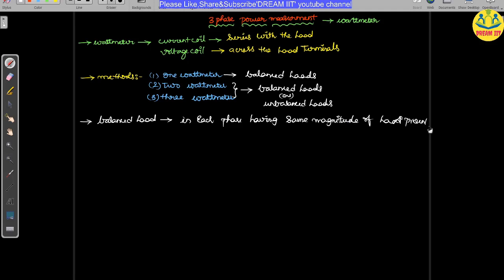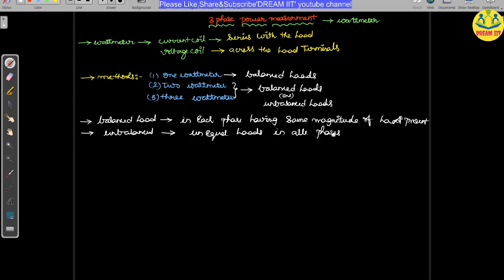That type of load is called the balanced load. Unbalanced load means equal loads will not be there, unequal loads in all phases. That type of load we call the unbalanced load.